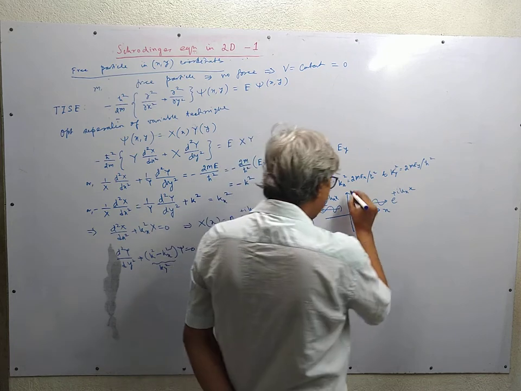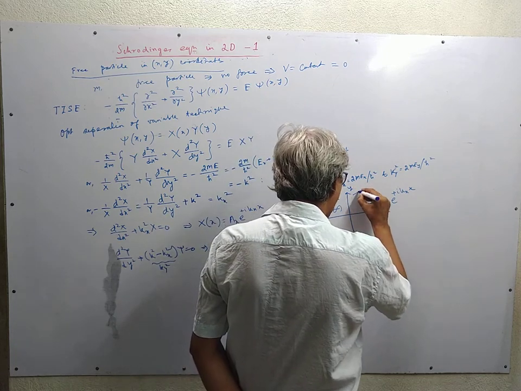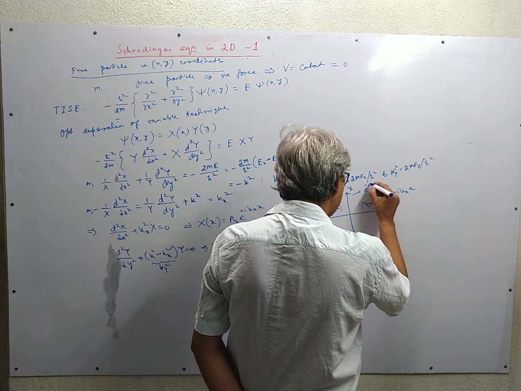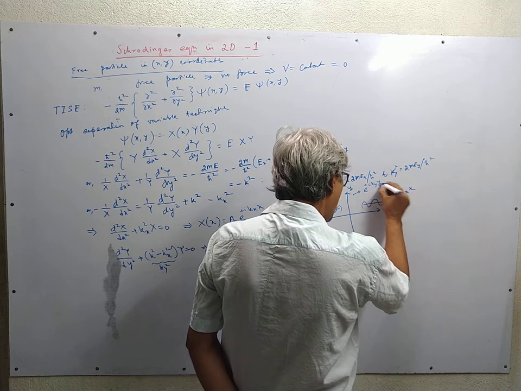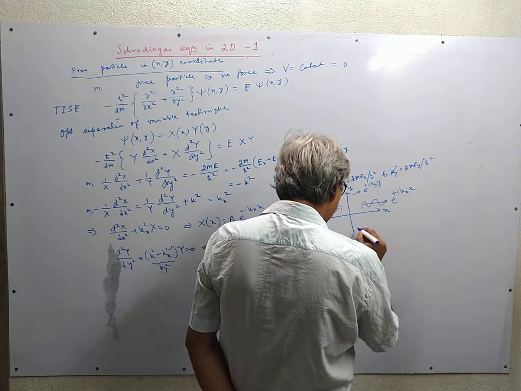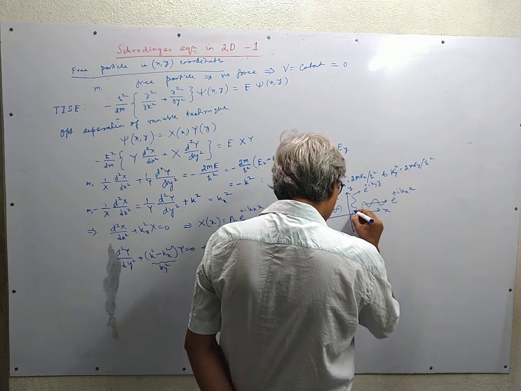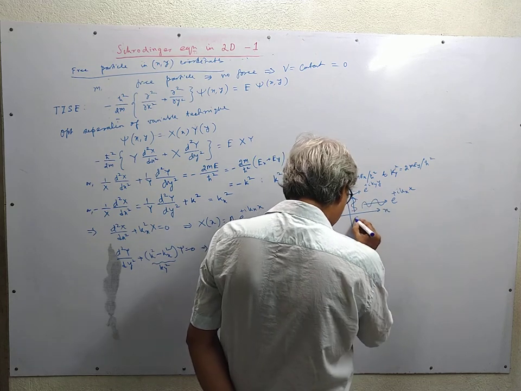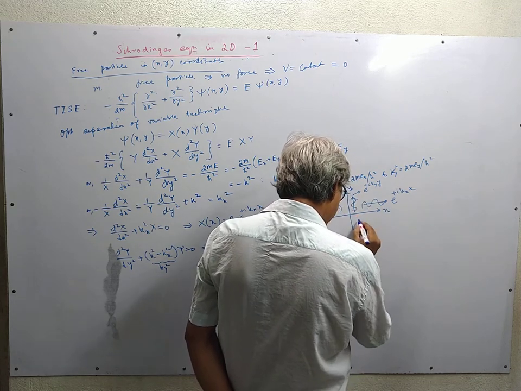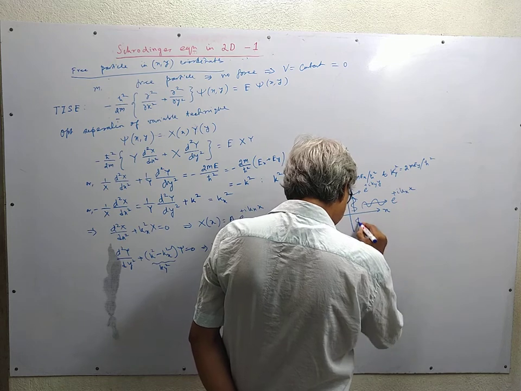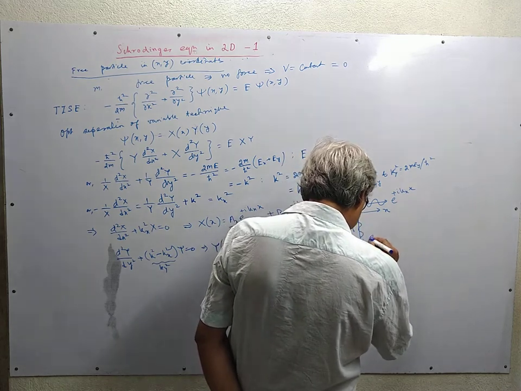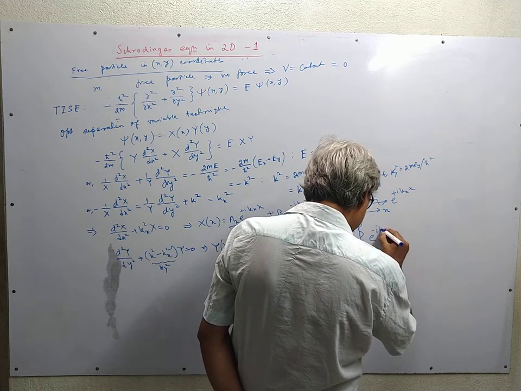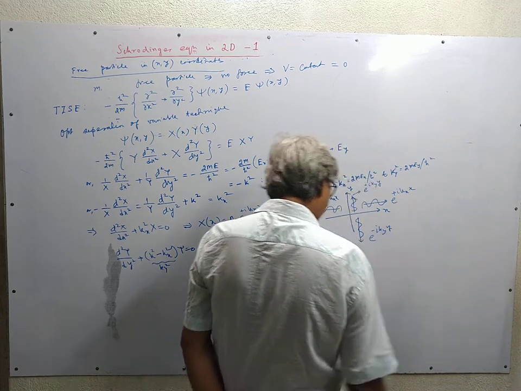A plane wave traveling along positive y direction is denoted by e to the power i ky y, and a plane wave traveling in negative y direction is denoted by e to the power minus i ky y.